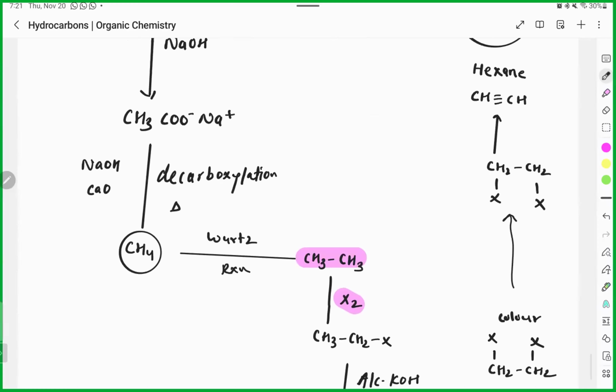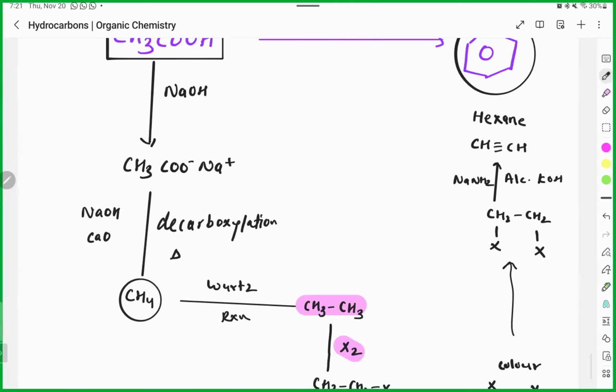Here you can convert into this by alcoholic KOH and sodamide. Today we did this. And from this you can make this by using red hot iron tube at very high temperature, 873 Kelvin.